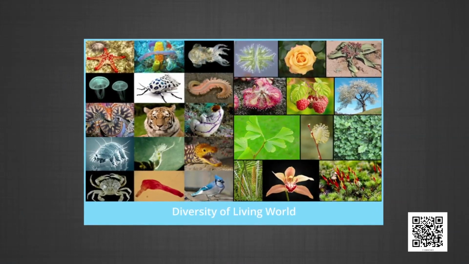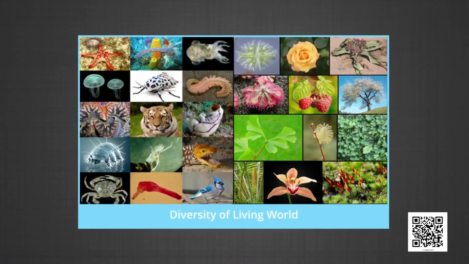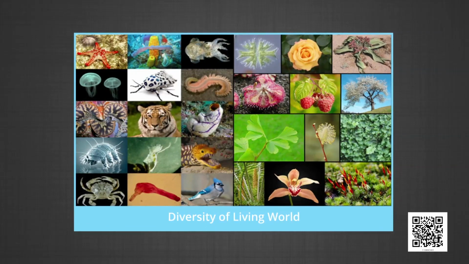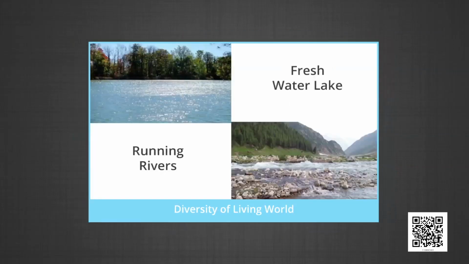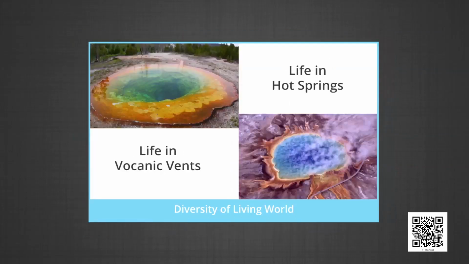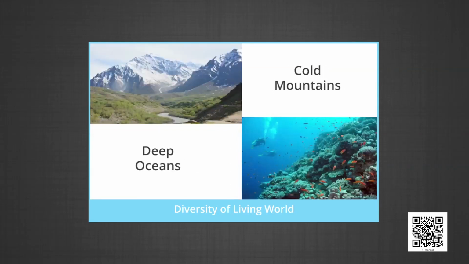Diversity of the living world. Life has an amazing ability to adapt to different environments. It can develop mechanisms for surviving from extreme heat to extreme cold, from extremely humid regions to long, prolonged droughts, from high mountain altitudes to the deep oceans.